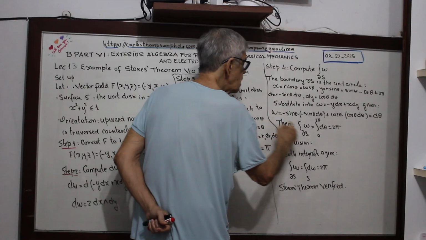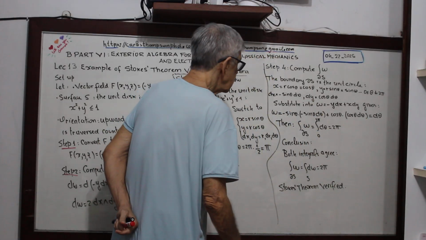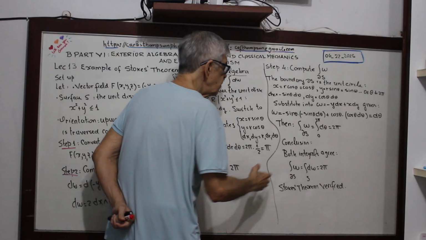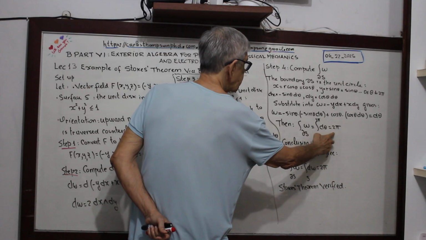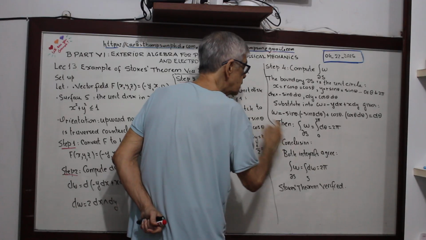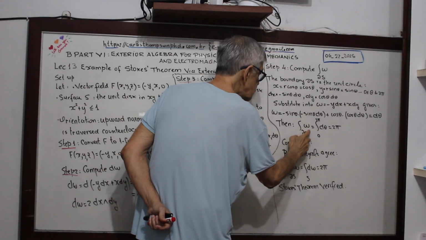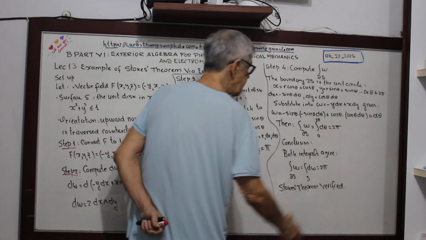So the result for omega is equal to d theta. Now I integrate. Don't forget the 2 over here. You see? This is 2 times the area element. So in this case, this integral, substituting d theta here, is 2 pi.